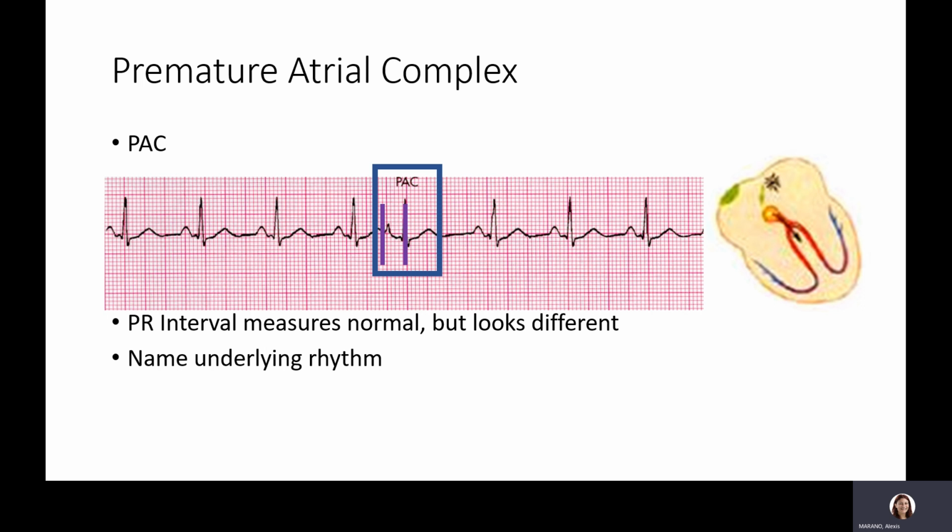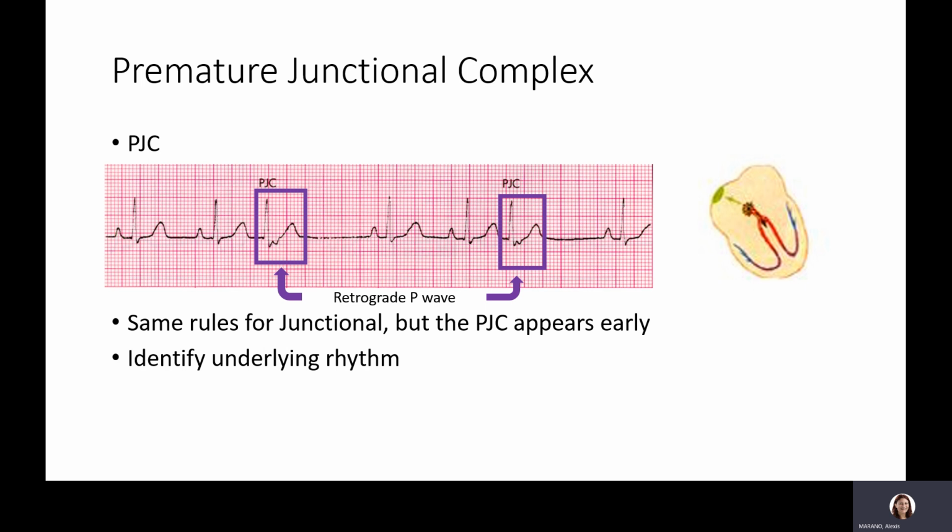You would want to make sure you name the underlying rhythm and come back and go ahead and say this would be a normal sinus rhythm with a PAC. A PJC is similar, except it's going to follow the same rules. It's going to have a narrow QRS, and then the P wave is either going to be absent, short, retrograde, or inverted.